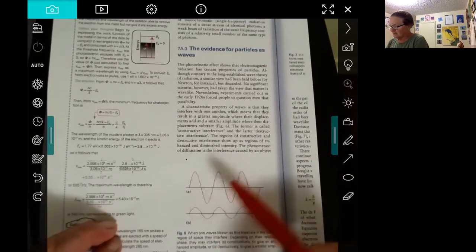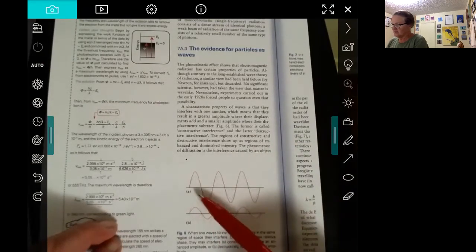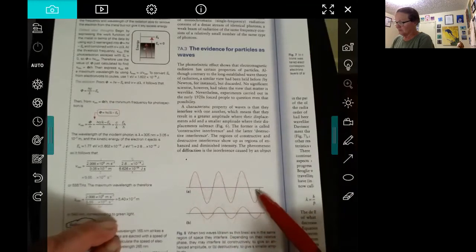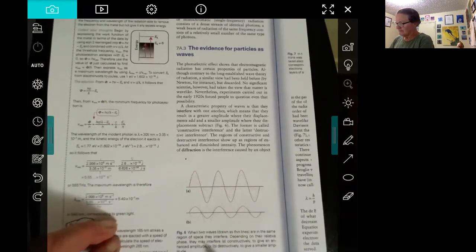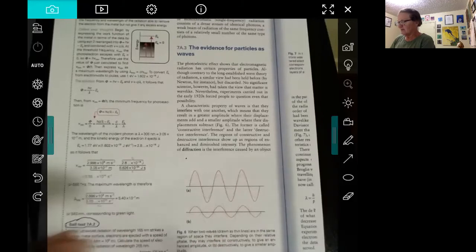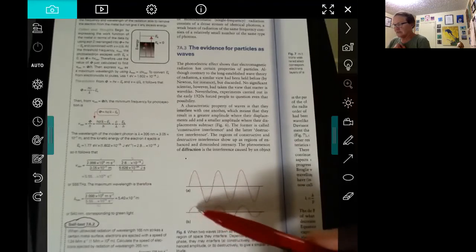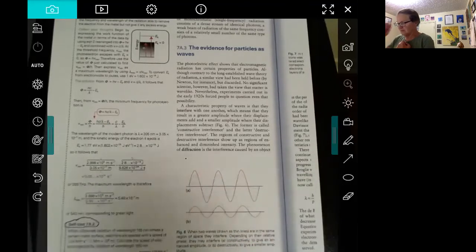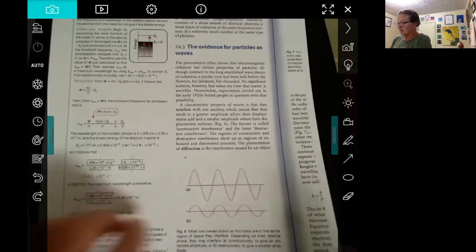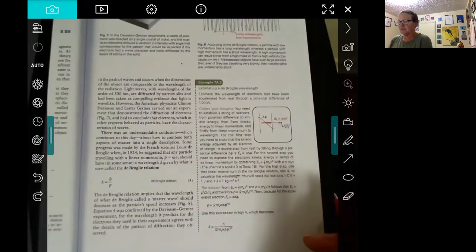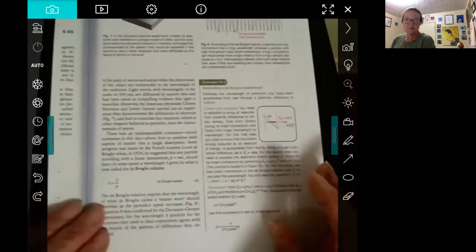So in A, the peaks and valleys are lined up so that the peaks and valleys get bigger, so that's constructive interference. On the bottom one, they're not aligned, and so high peaks and low valleys in the same place interfere destructively or make that peak smaller. So it's that interference pattern that allows you to say a particle has wave properties.